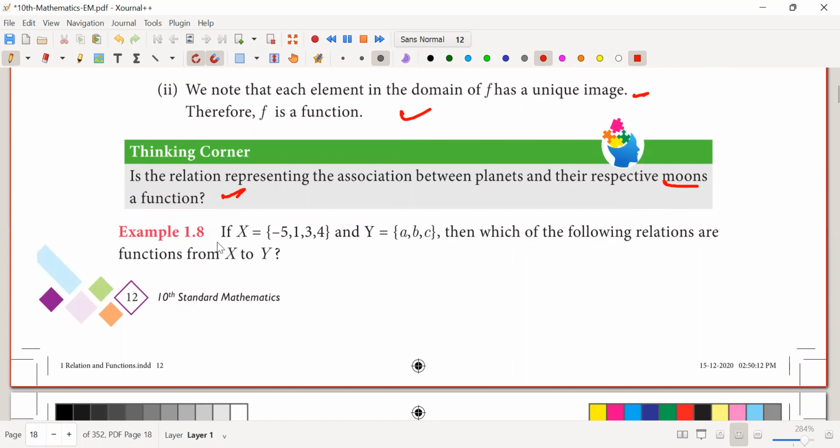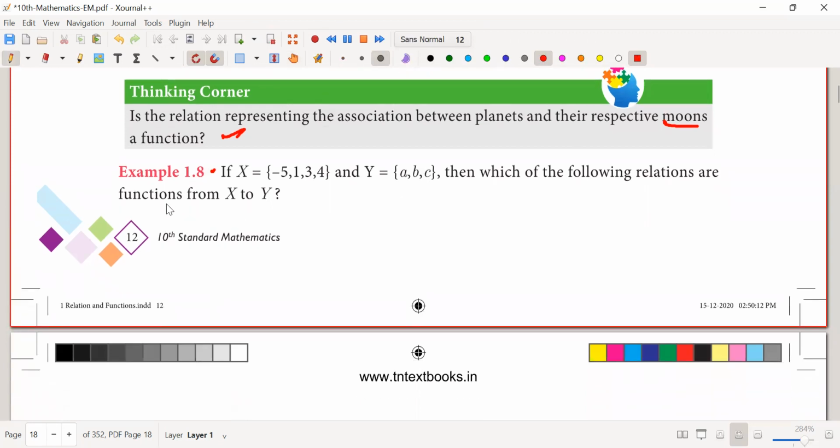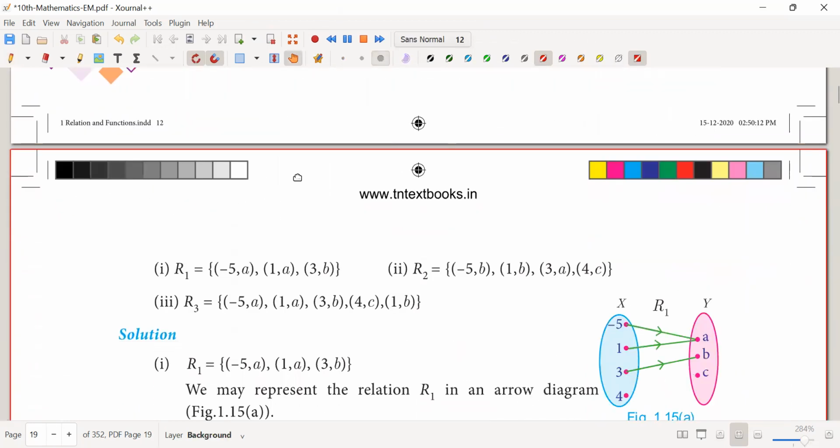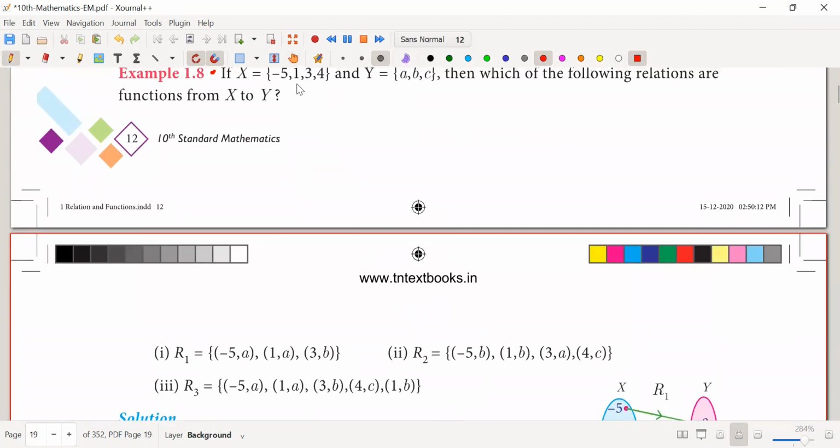Example 1.8. If x equal to minus 5, 1, 3, and 4, y equal to a, b, c, then which of the following relations are functions from x to y? Minus 5, 1, 3, 4. There are only 3, not a function.